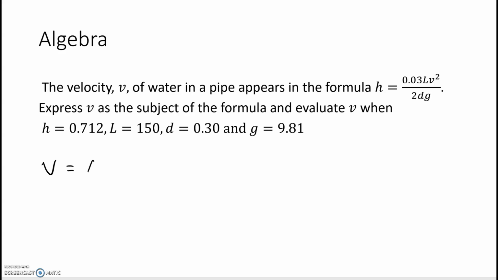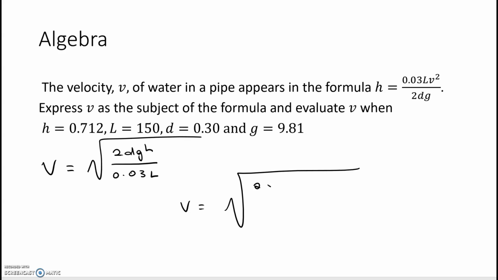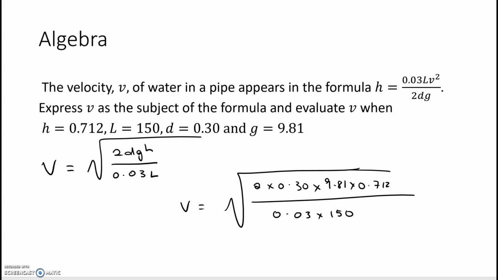So you should get that V is equal to the square root of d g h over 0.3 L. Now when you put the numbers in, you get that V is equal to 2 times 0.30 times 9.81 times 0.712 over 0.03 times 150, approximately equal to 0.965 in the appropriate units of meters per second or whatever. Okay, that's the end.